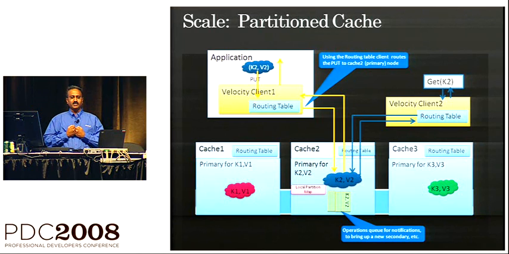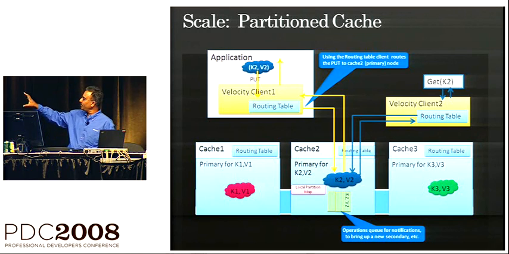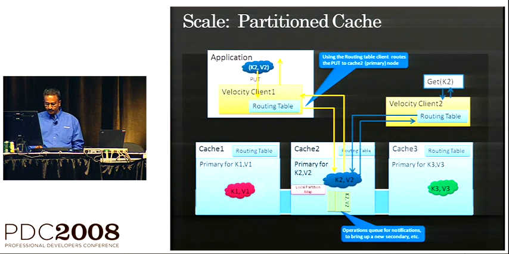So a client knows how far it has seen the changes. Whenever it wants to poll for notifications, it sends that LSN and says, tell me if anything has changed since then. And then from the primary, the queue can send back all the changes. So it's an efficient way to implement cache notifications. I have a slide on that, so I put it there just to provide the context here.